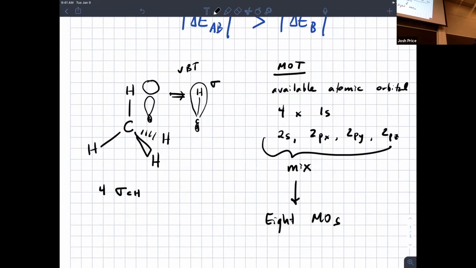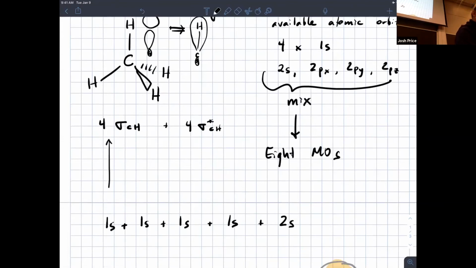And then we're also going to have 4 anti-bonding orbitals that are higher in energy, one for each carbon-hydrogen bond. And we would even be fine drawing an energy diagram where the bonding orbitals were down here, the anti-bonding orbitals were up here, and the bonding orbitals are filled with electrons and they're all the same energy, even though that's not quite what experiments say.